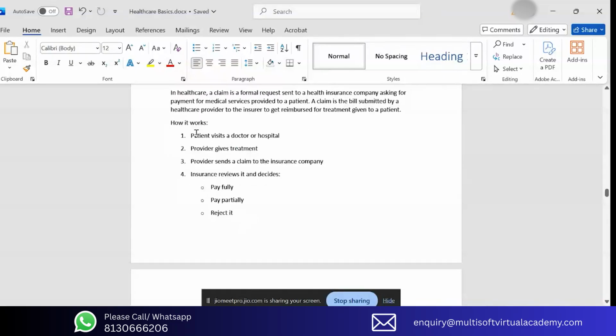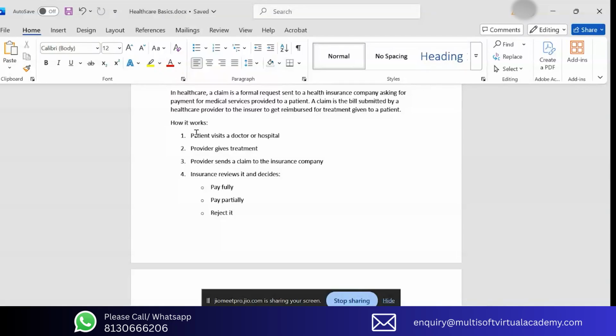We call that a rejected or denied claim with an error message. So again the provider needs to correct the claim form and send it back to the insurance company to get it availed from the payer.